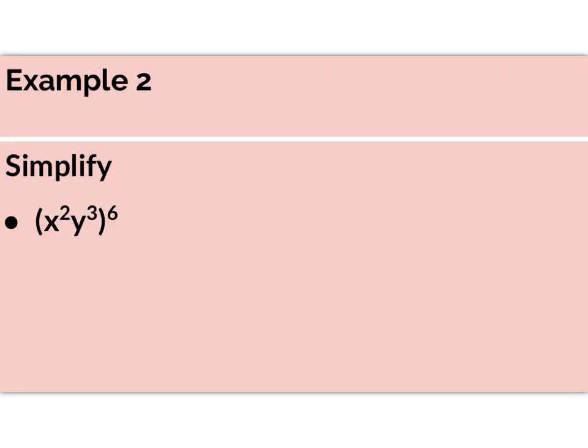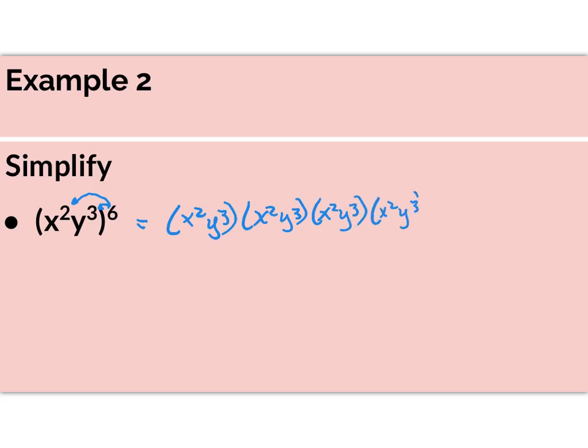Okay, so let's look at our second example. Now we're dealing with letters, but it's the same thing. So this 6 applies to the 2 and to the 3, because if we were to expand this out, it would be the same thing as the previous example. That's 3, 4, 5, and 6.